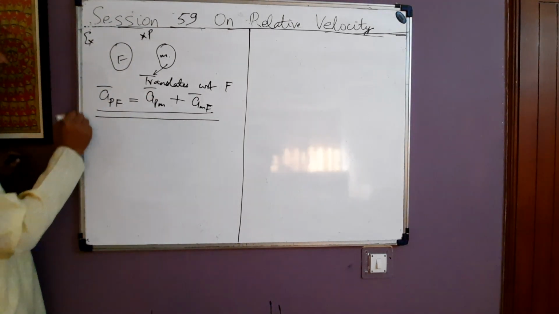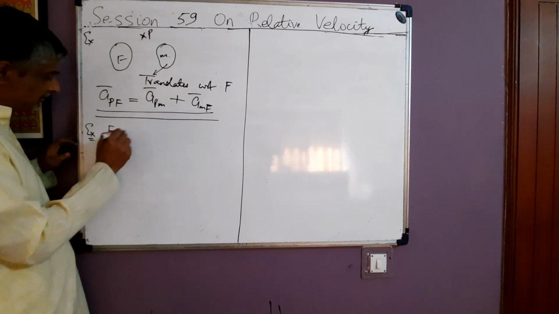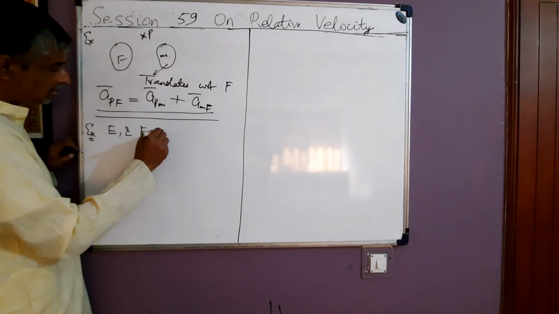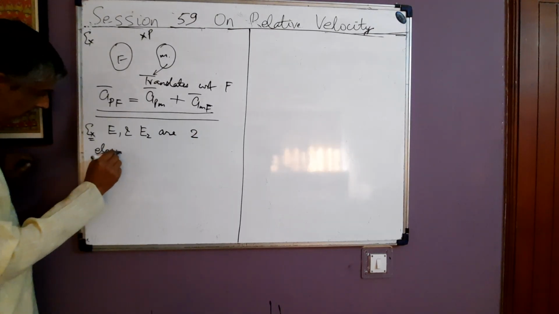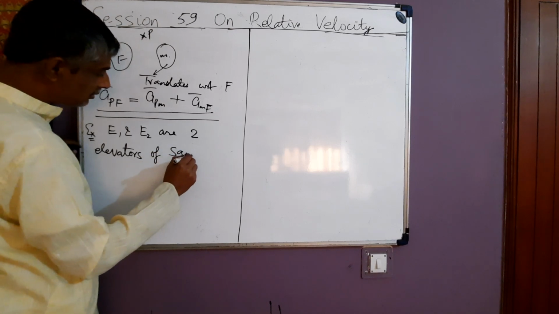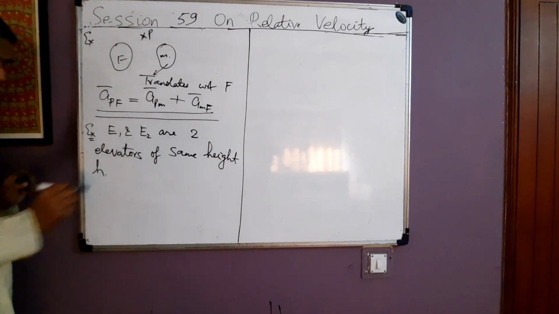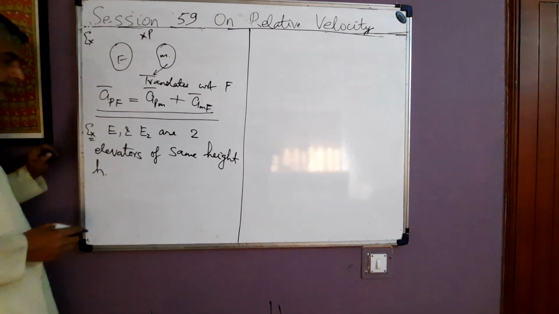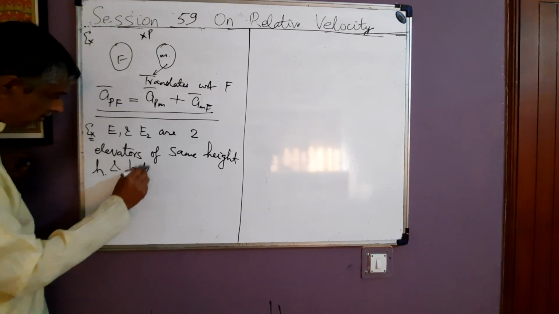So the question is this: suppose E1 and E2 are two elevators of same height h, and both are initially at rest.